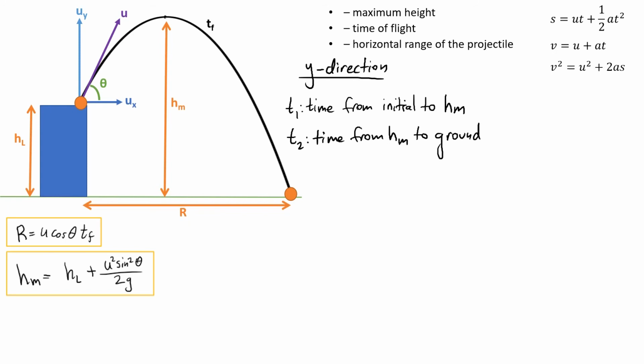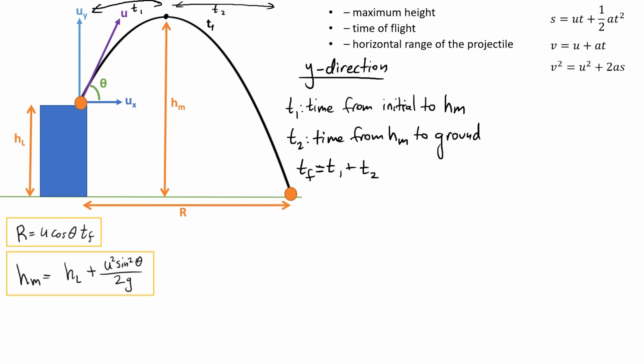Okay, so we have that segment there as T1, from there to there will be T2, and TF is just going to be equal to the sum of T1 plus T2, so there should probably be an equal sign. So let's consider both those segments separately.